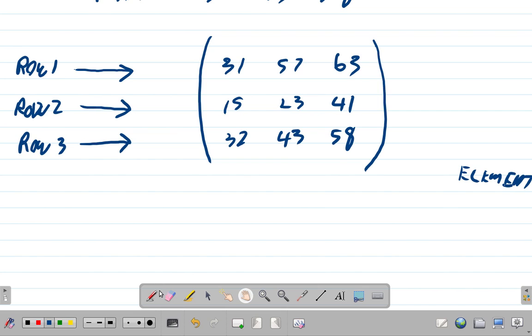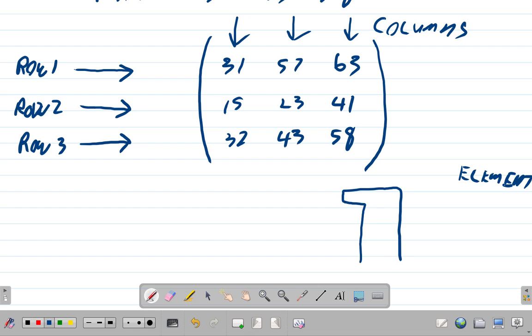Now going vertically down, these are columns. Just like a building column, you have a building, and there is this part of the building, and you have a concrete column.